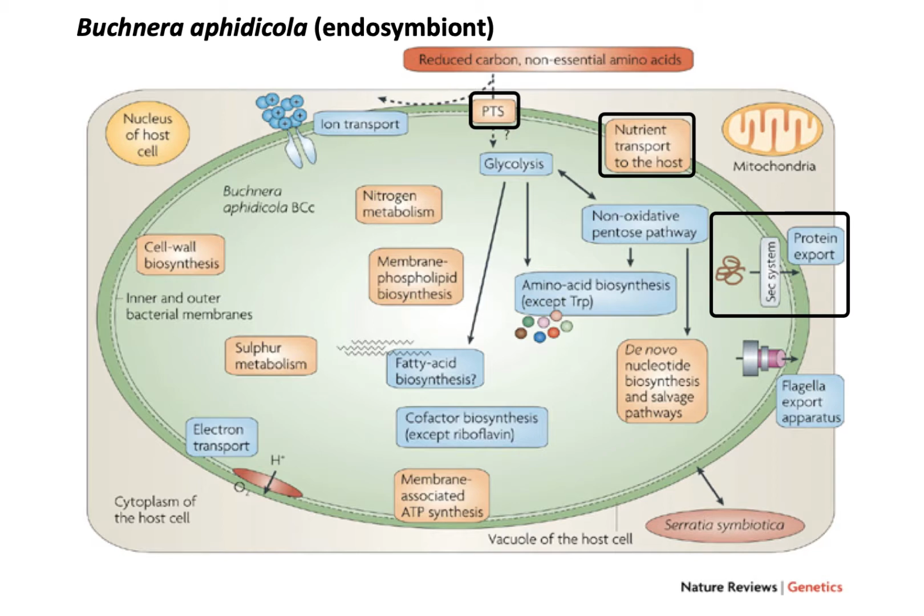But in total, it lacks several functions, so it would not be able to survive outside of those cells. It doesn't have enough protein encoding capacity to become a free-living organism.